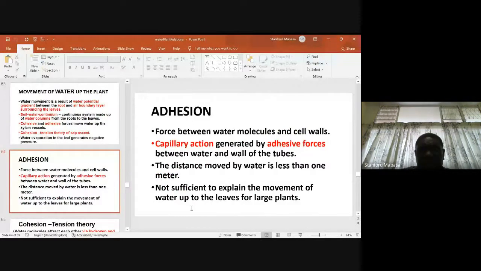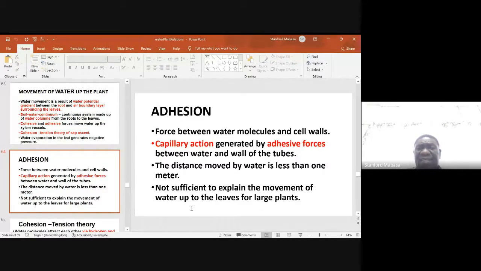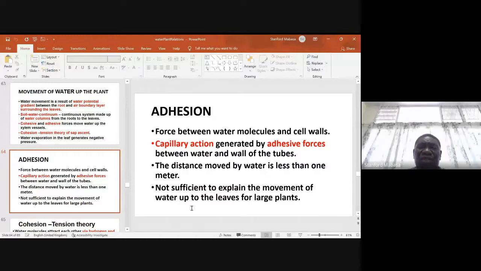So let us focus on adhesion. Remember, we wanted to find out how water can move upwards through the stem. Adhesion is the force between water molecules and the cell walls.